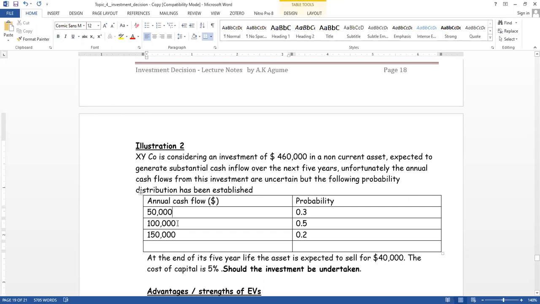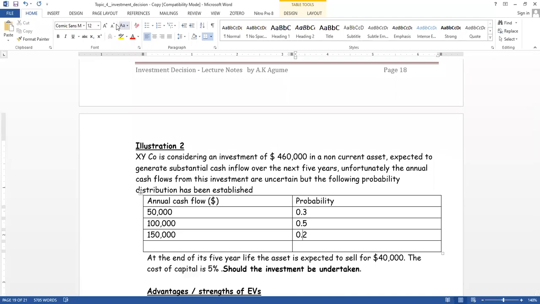Annual cash flow 50, 100, 150. Probability is 0.3, 0.5, 0.2. At the end of its 5-year life, the asset is expected to sell for 40,000. The cost of capital is 5%. Should the investment be undertaken?